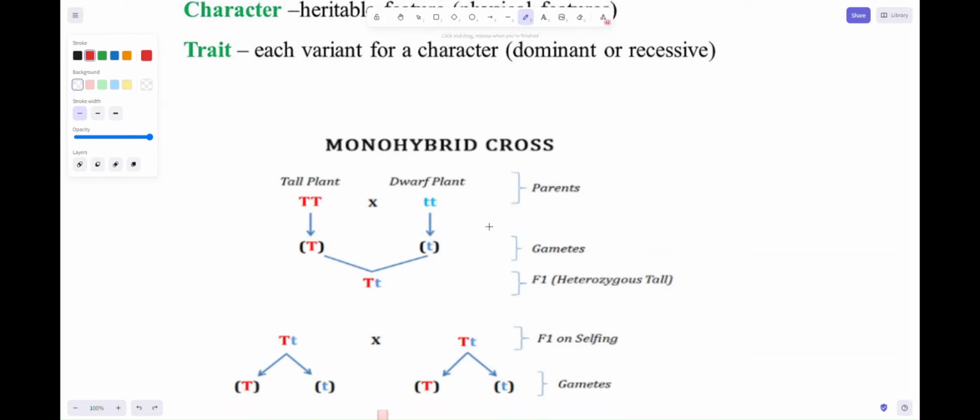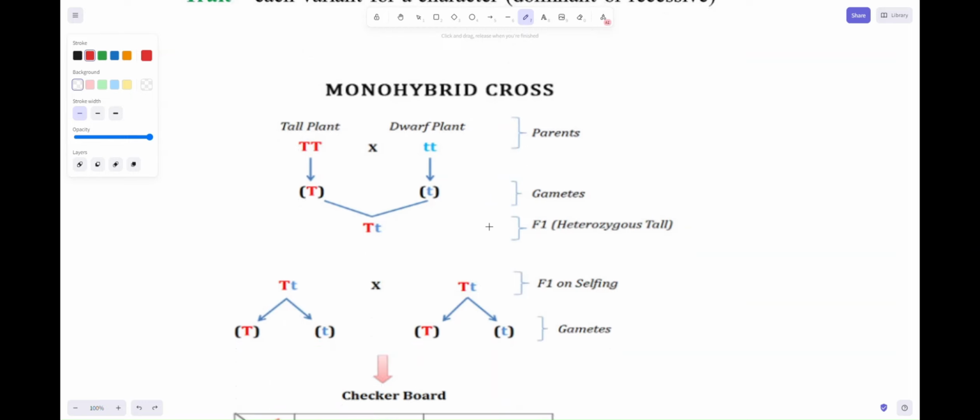Monohybrid cross is the cross considering only one pair of contrasting characters. So if I select one character, that is height of the plant, then two different traits are there, that is tall and dwarf.